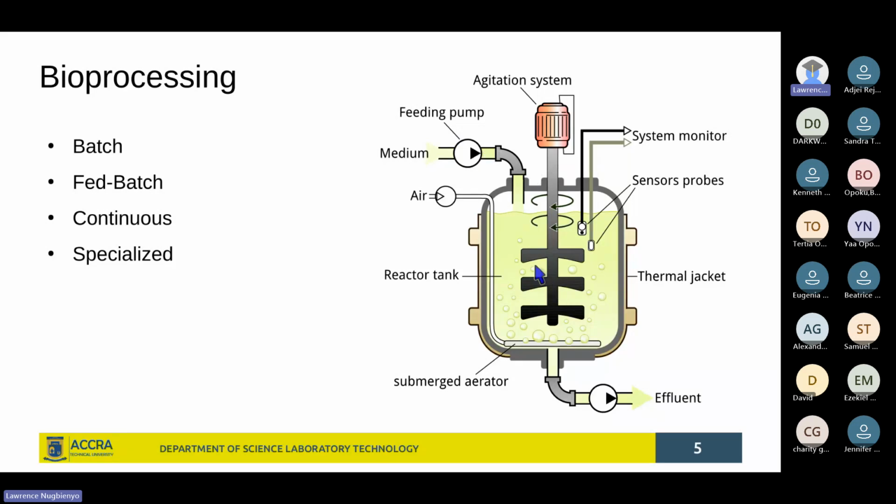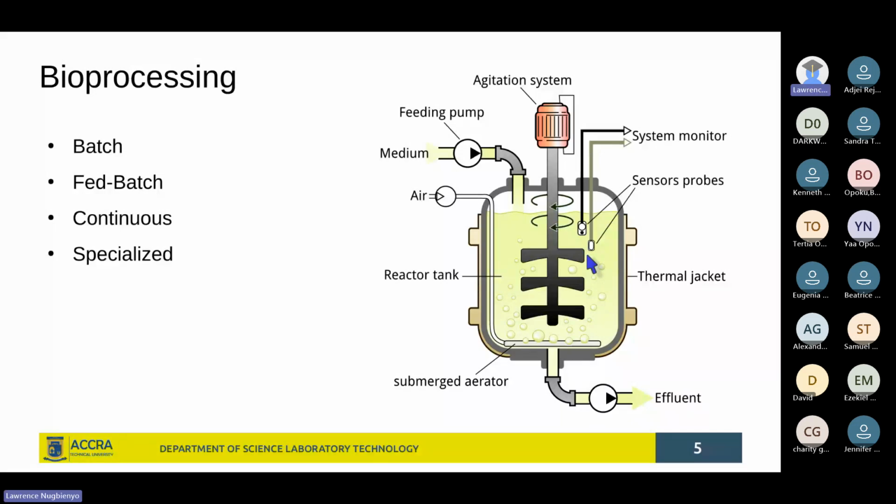In the digester you also have an entry for air, because if it is an aerobic system, there must be some oxygen coming in for the microorganisms to grow. And then you have this agitation system. This rotary will have to be turning to have uniform mixing of the reaction mixture continuously.